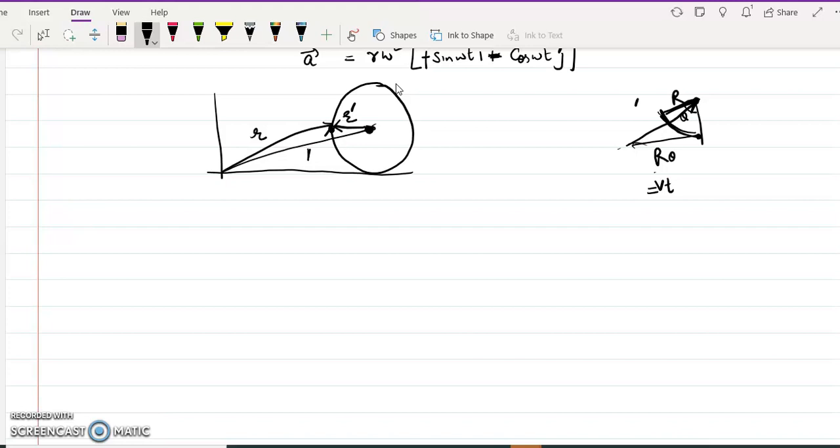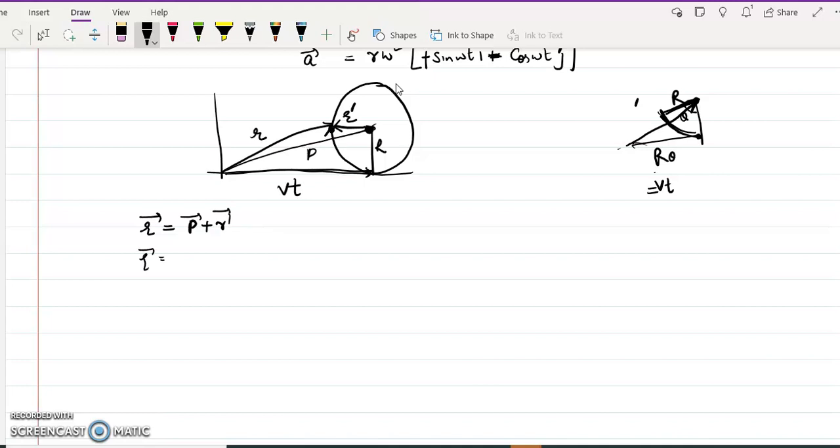Suppose this is p, and the linear velocity of the wheel is v, so this distance will be vt. So the r vector will be the p vector plus the r prime vector. But what is the p vector?